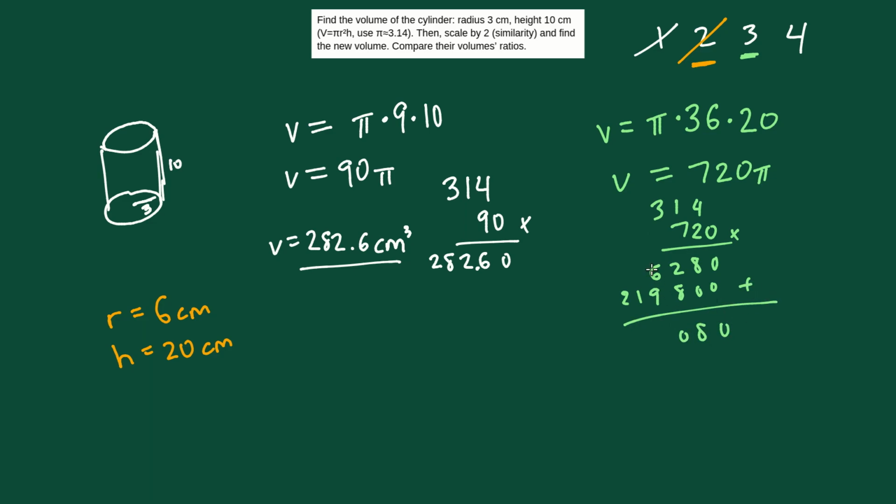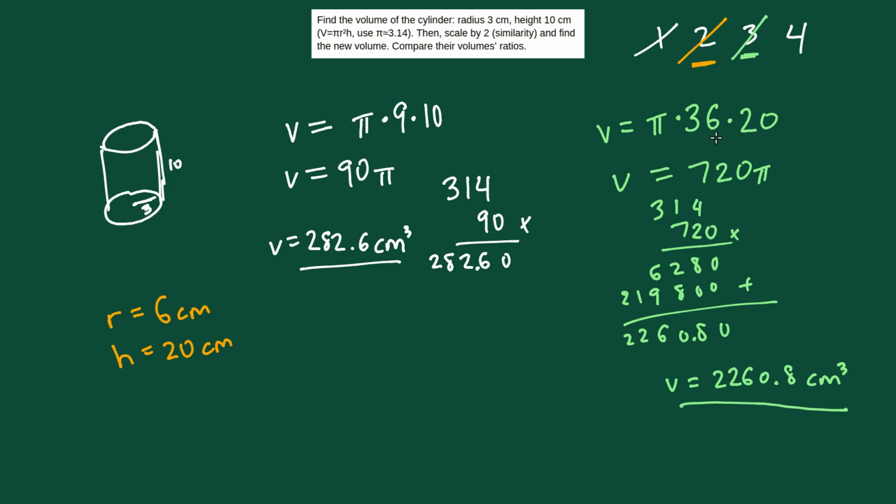And then again, we have 2 decimals from right here, so that's going to be right there. So our volume is 2,260.8 centimeters cubed. Okay, so that's step 3. Find the new volume. That's done with step 3.